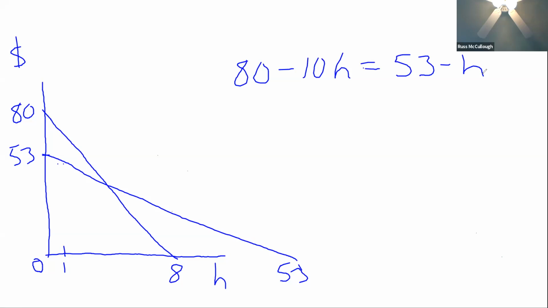If we throw the h over to this side, we get 9h. I'm skipping a few steps, but the 10h goes to the other side. 10h minus h equals 9h, and 80 minus 53 is 27. 27 divided by 9 is 3. So that's just where these two lines cross. That would be at 3.